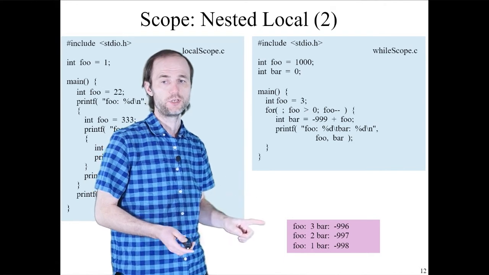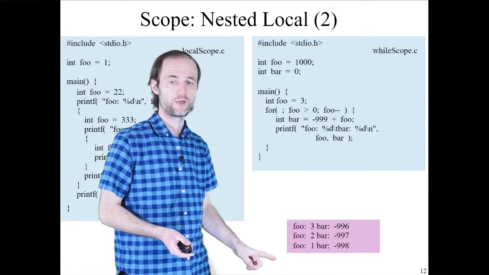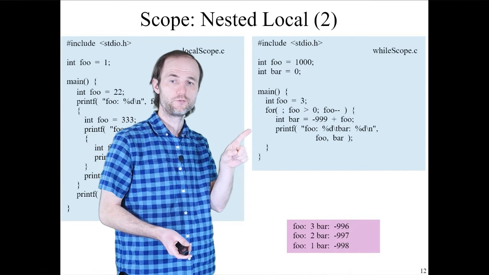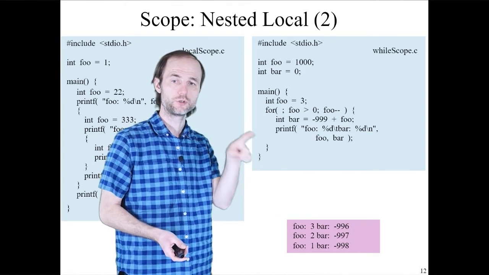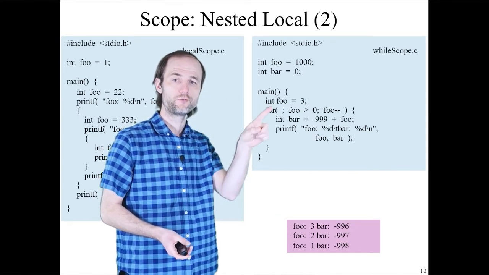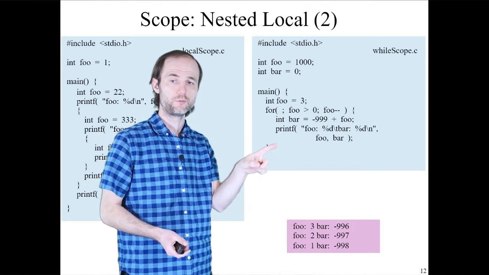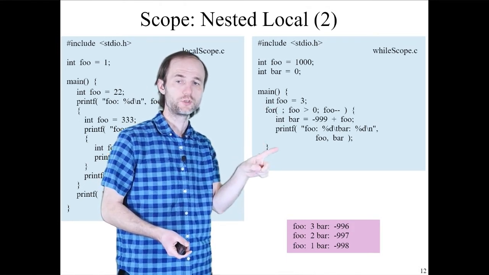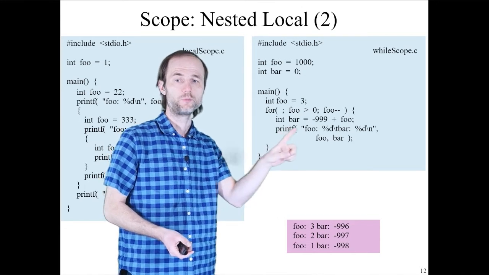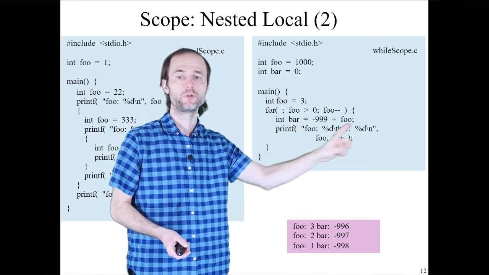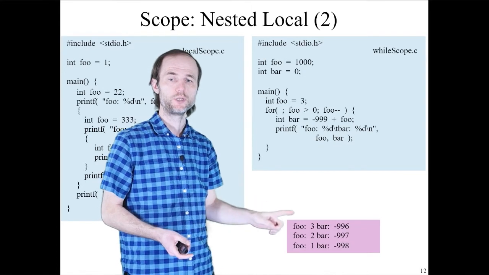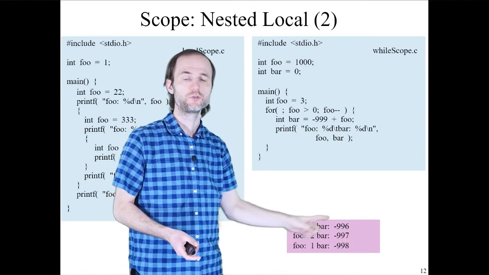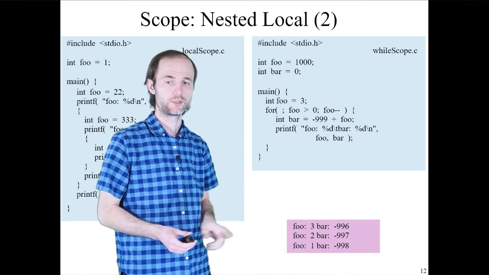And you can see this in the printouts over here. The first time we enter this loop, the value of foo is going to be 3. It's not going to be changed at first. And the value of bar will be minus 999 plus foo. So it will be minus 999 plus 3, that will be minus 996.